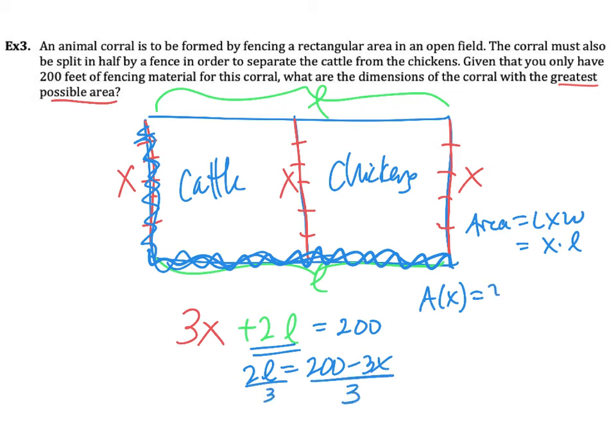So my width is just x, and my length is 200 minus 3x all over 3. So we've set up the equation. You can read the rest, try to answer it, but that is what we would have there.